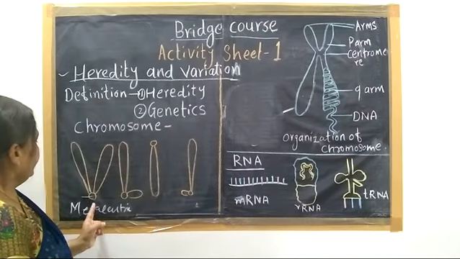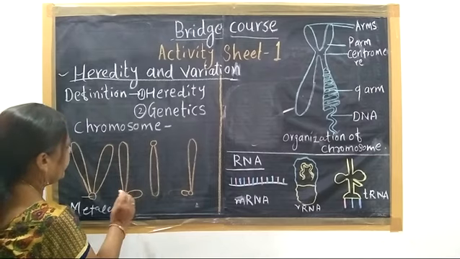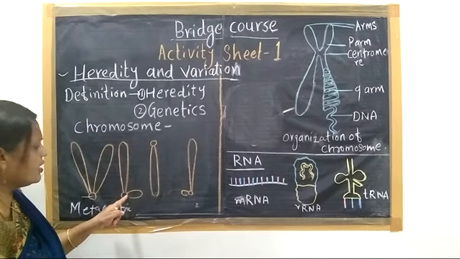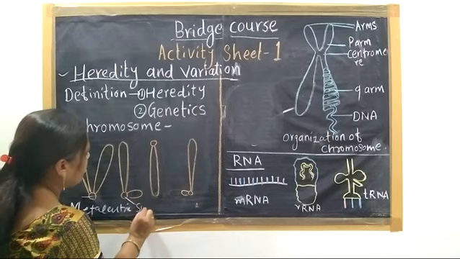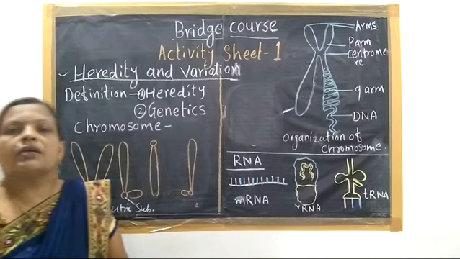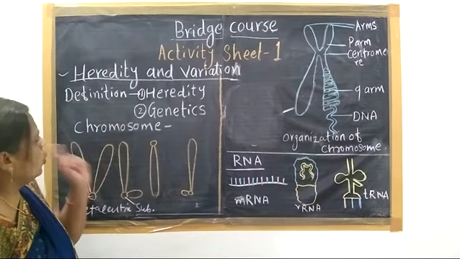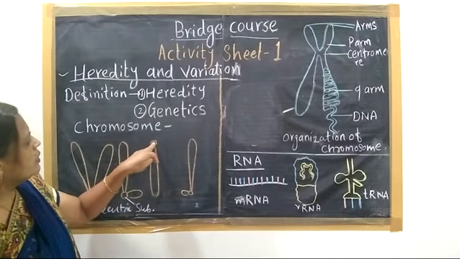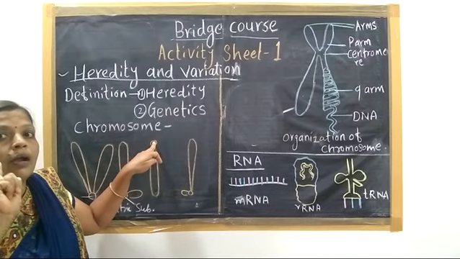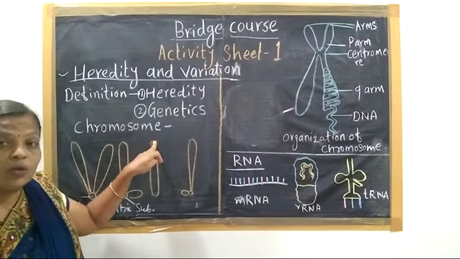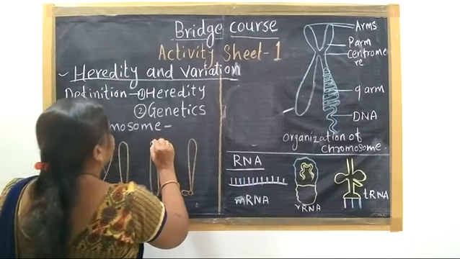Here it is a metacentric. Here the centromere is present near the center, not in the exact center position. So it is called submetacentric. Submetacentric chromosome. In the third diagram, the centromere is present at one of the tops or one of the ends of the chromosome. Here it is called the telocentric.